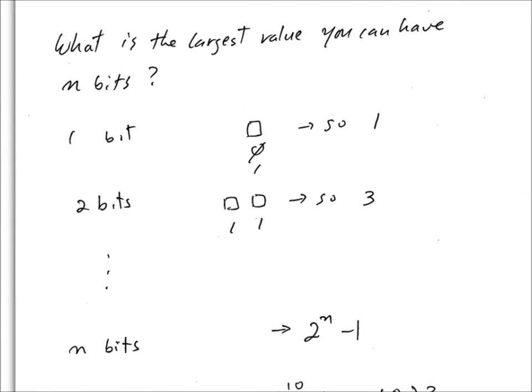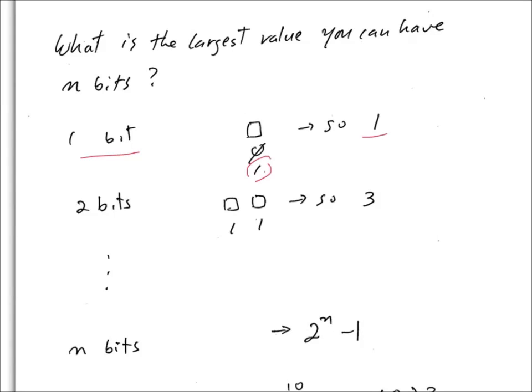All right. How about the following question? What is the largest value you can have using n bits? So let's take a look. If you have 1 bit, the largest value should be 1, because you can take only 0 or 1, and obviously 1 is larger than 0.